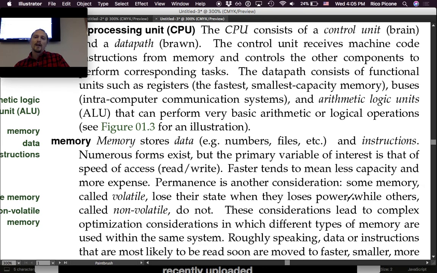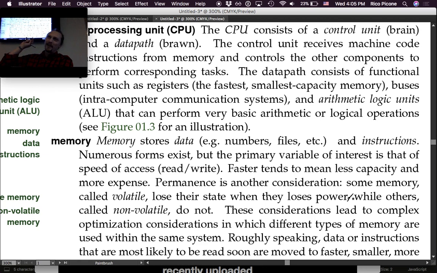So memory stores data. That's the main thing that it stores, for example, numbers, files, etc. The other thing that it can store is instructions. And instructions are the things that the CPU is going to do, right? So sometimes it's data and sometimes it's instructions, but there's nowhere else for instructions to be. So they have to be stored in memory along with the data.